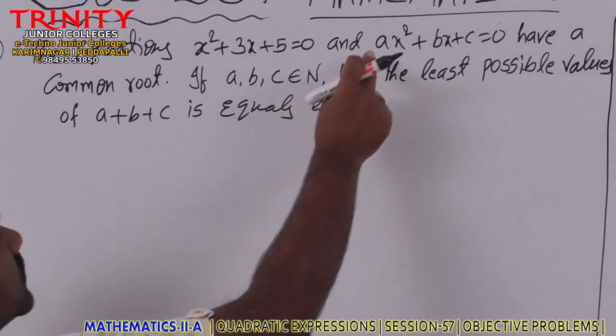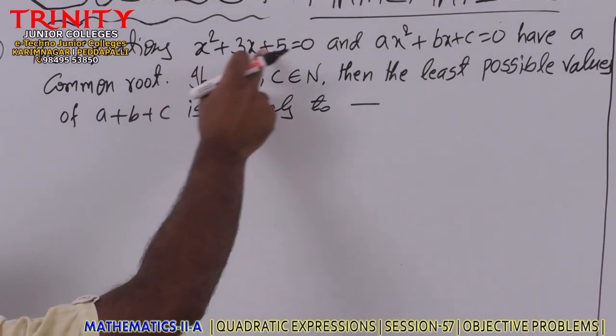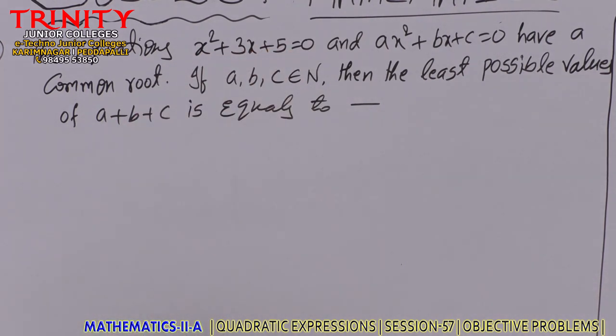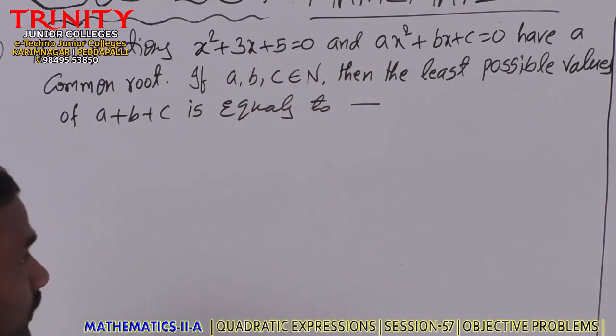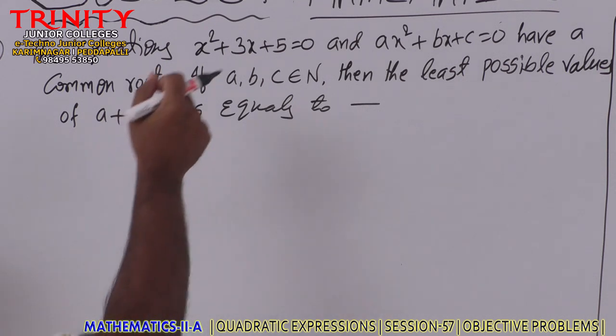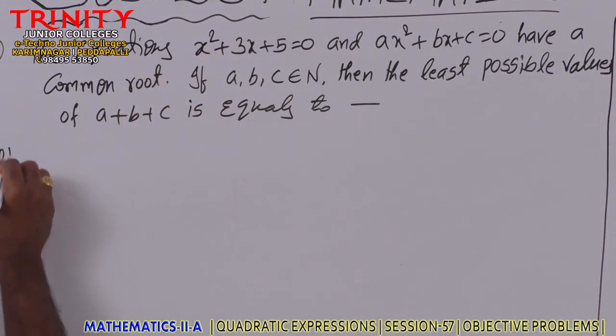Here we don't know the values of a, b, c. We have to calculate the values of a, b, c by using this quadratic equation. He was saying that these two equations have a common root. First we have to find whether they have one common root or both the roots are common. First we have to check it.